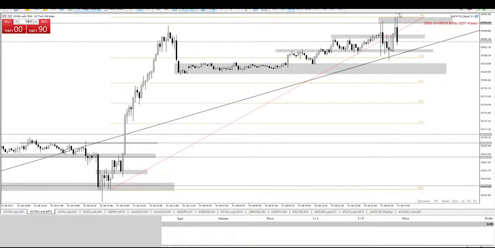Right, it did the extension move. So there's a good chance it's coming all the way down to the 50%.